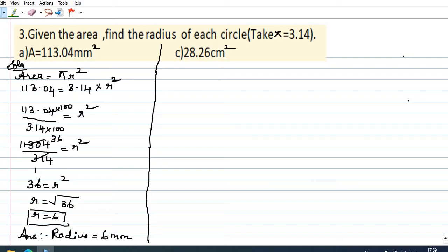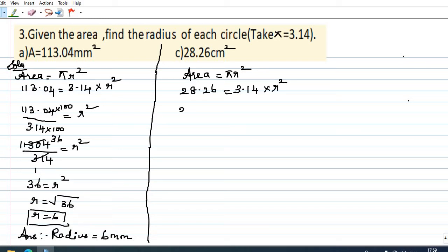Now the same thing: area is equal to pi r square. So 28.26 is equal to 3.14 into r square.